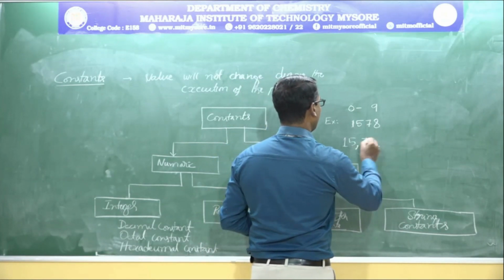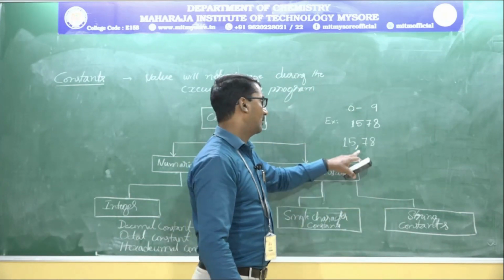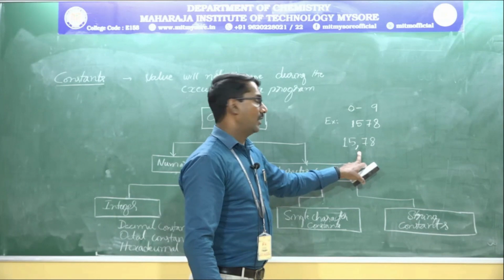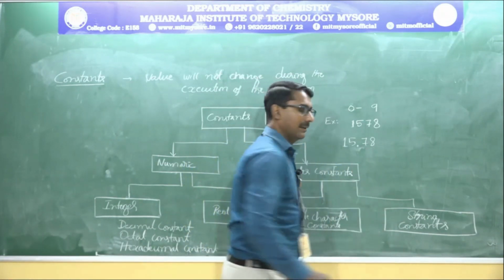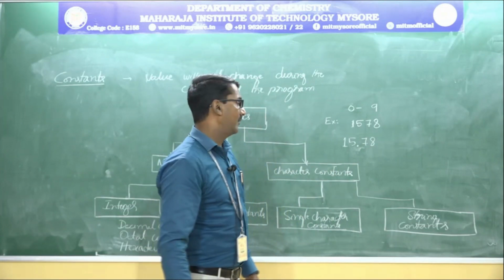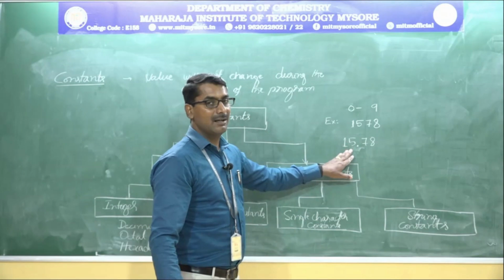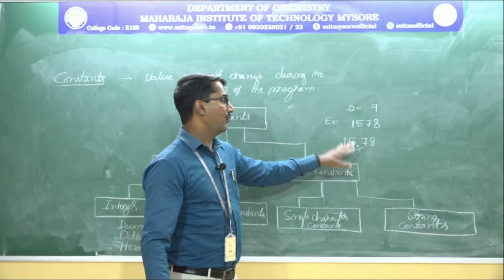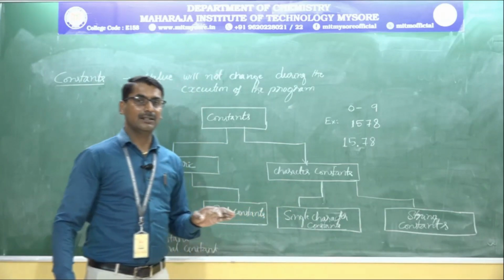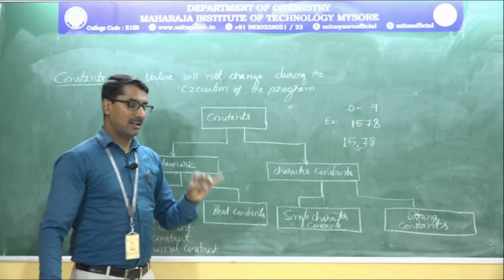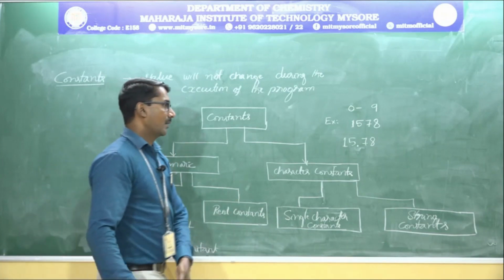If you specify a dot, then the number is not a decimal number, it is a real number. So in an integer constant, space, comma and other symbols are not allowed.